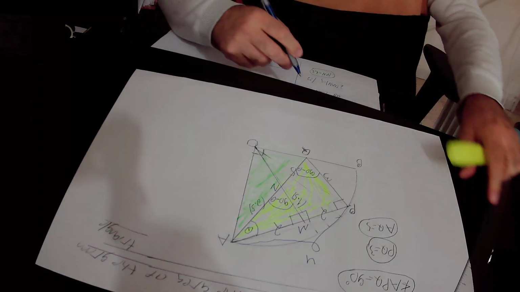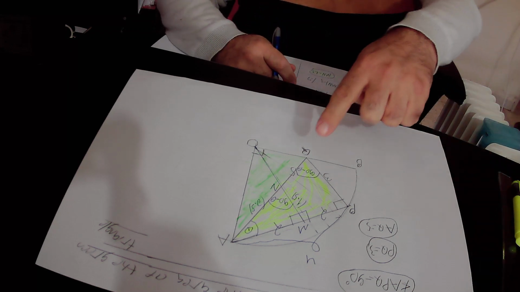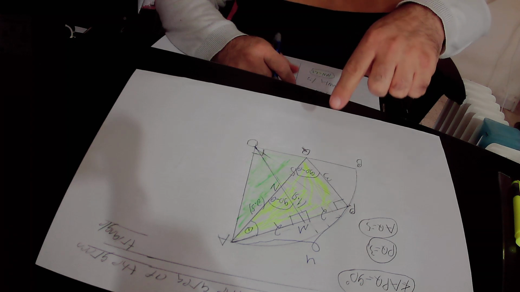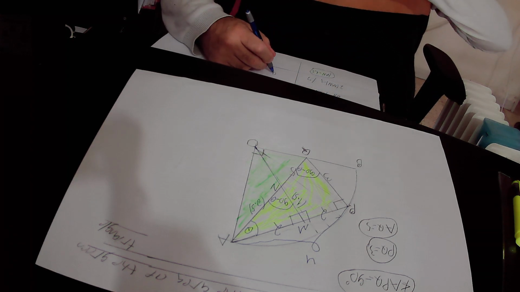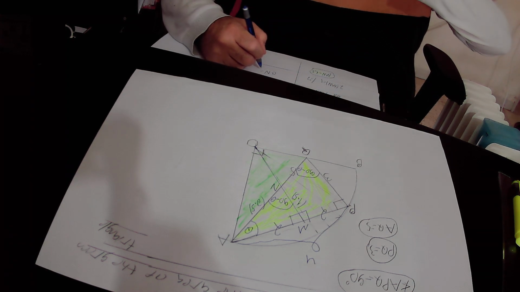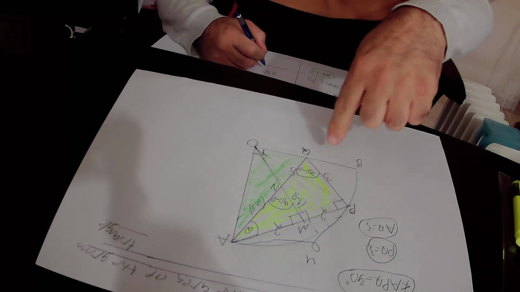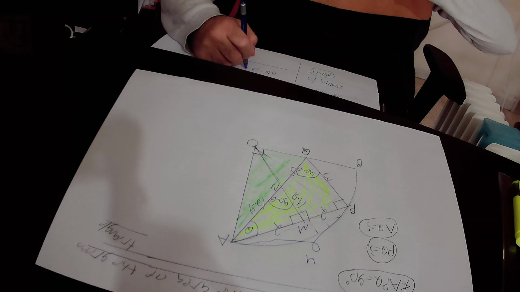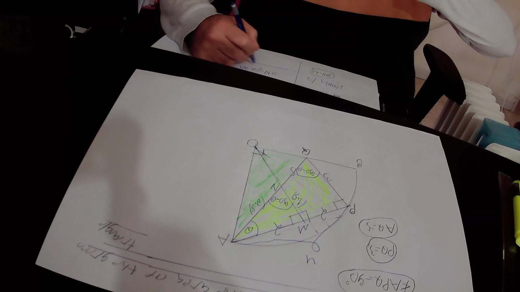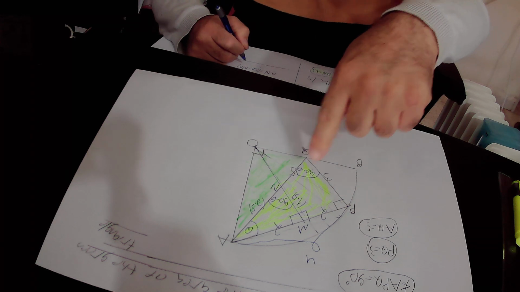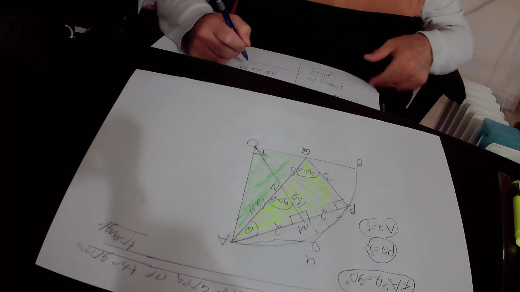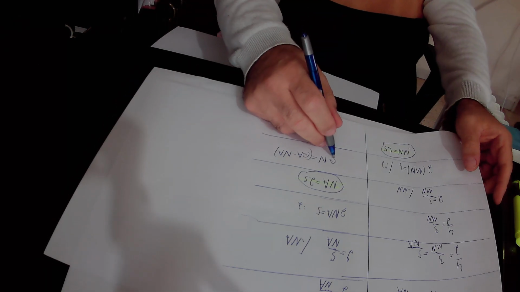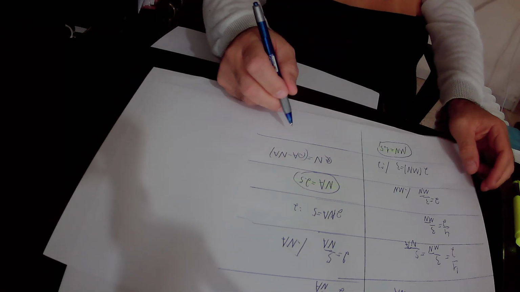And what is the length of line segment QN? From the drawing it is very easy to see that QN equals QA minus NA.